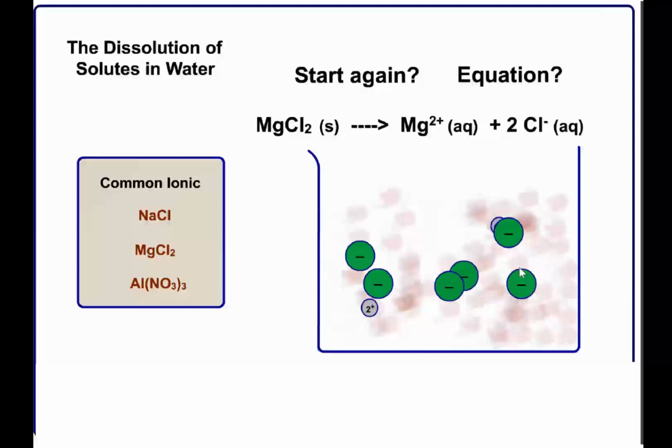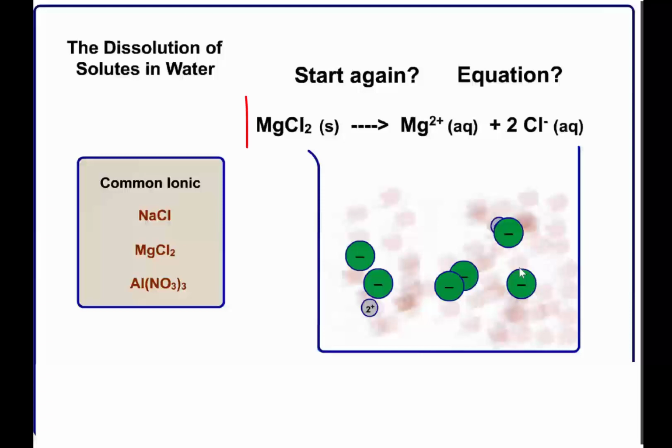And again, I'd like to highlight the idea that even though we might talk about having a certain solution of magnesium chloride, there isn't actually any magnesium chloride in that solution, at least not any units of MgCl2. It's all in the form of magnesium ions and chloride ions.